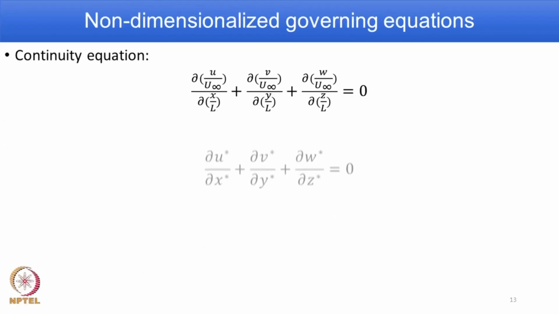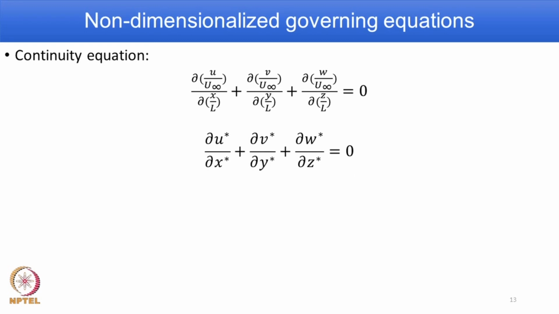Now, we will try to do non-dimensionalization of the continuity equation. We know ∂u/∂x + ∂v/∂y + ∂w/∂z = 0, and we just learned how to represent them by length scale and velocity scale, as written here.